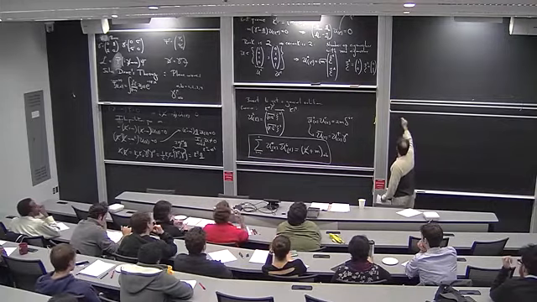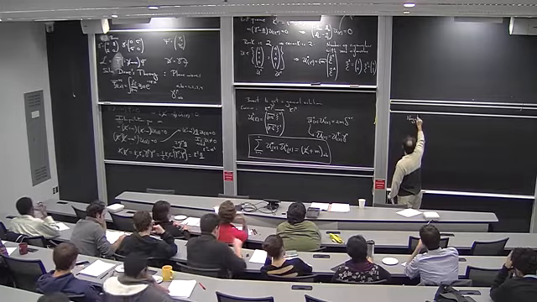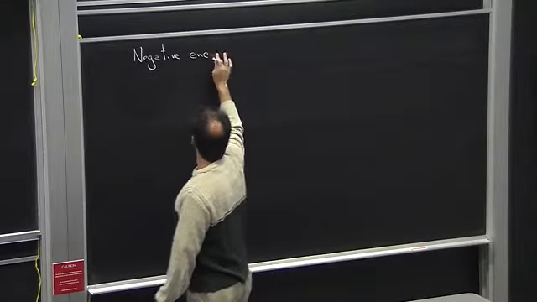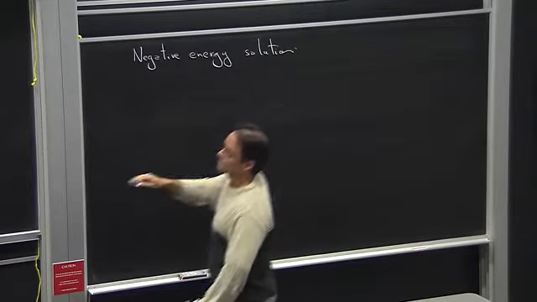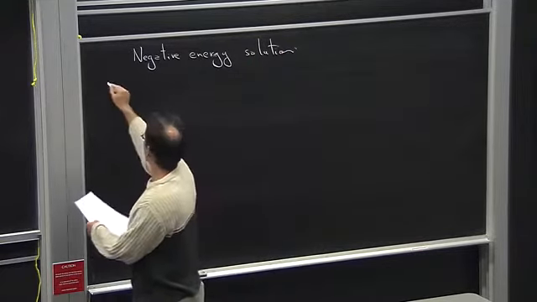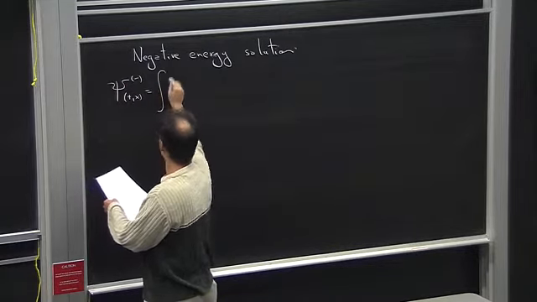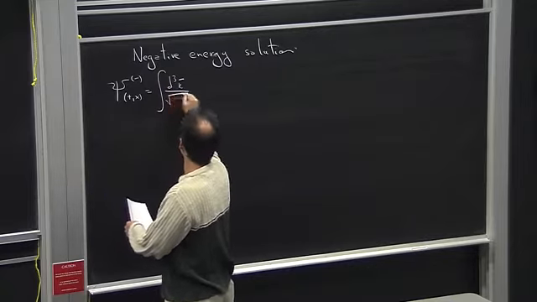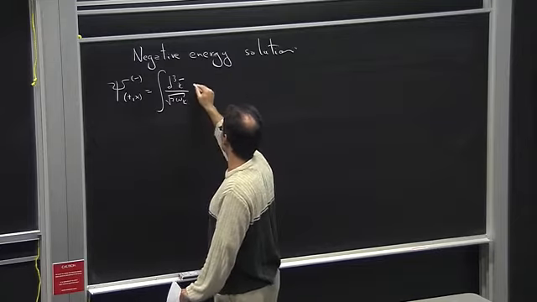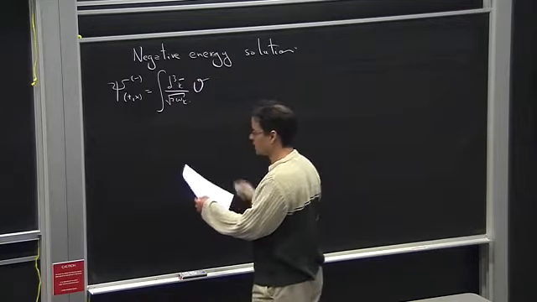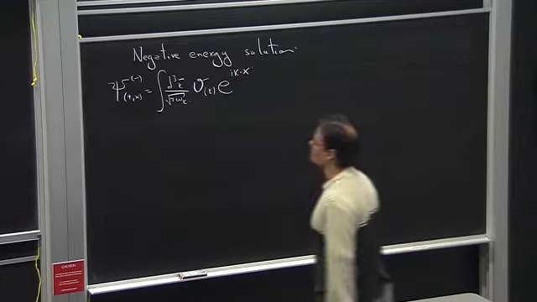So now let's study, so we did the positive energy solutions. Now we can study the negative energy solutions. Right, so we did the psi plus. Now we're going to do the psi minus. And here we have to introduce another notation. People like to call these ones V. Okay.